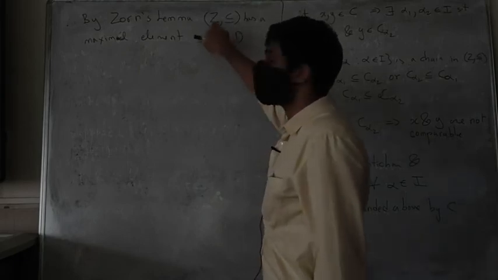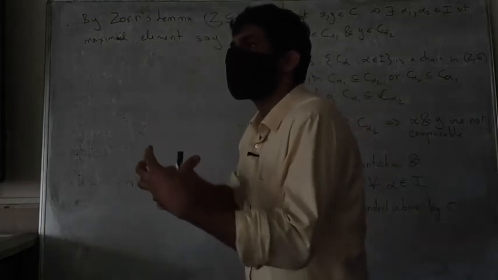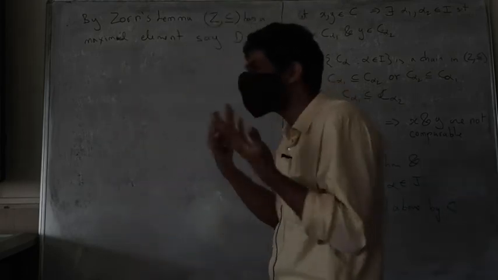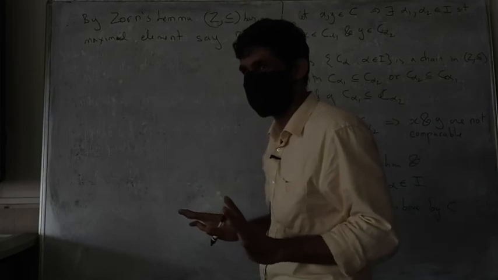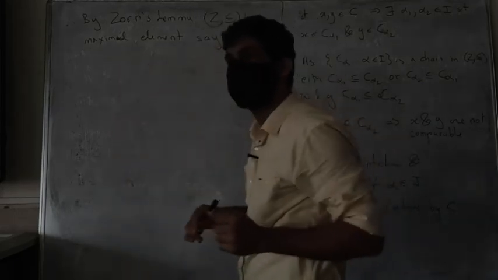It's an element of Z, and with containment there is nothing that contains it. Okay, so it already gives you a sense that this is the biggest anti-chain. So I need to say that this is a maximal anti-chain.